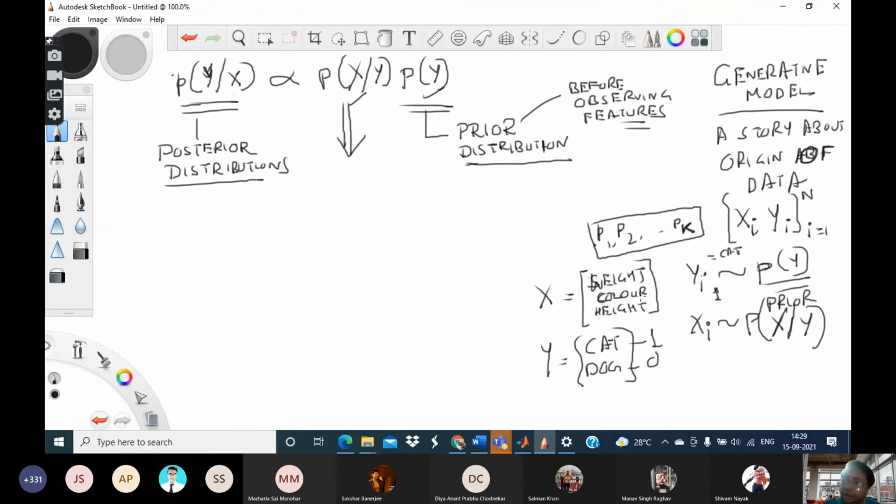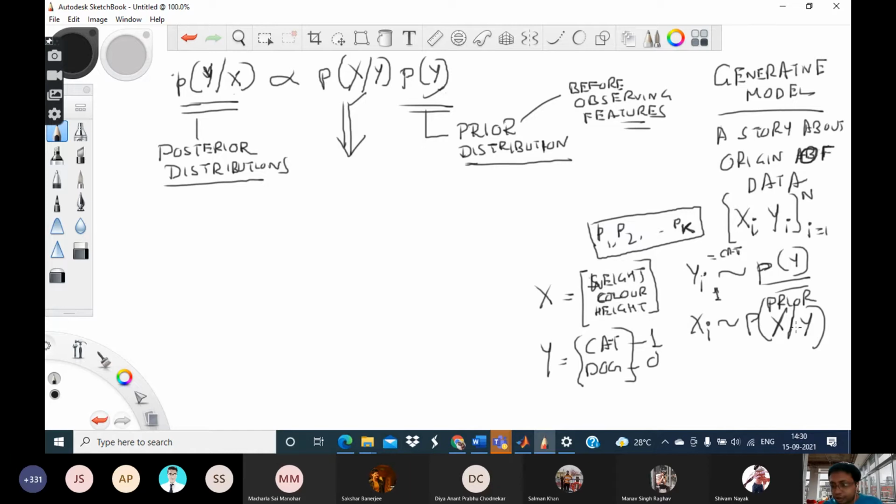Then similarly for color, I already know the possible colors of a cat, so I will sample from one of those. For height also, I am never going to sample something like 6 feet or 9 feet, because that's not a possible height for a cat. Whatever is the possible height for a cat, I will sample a value from there.